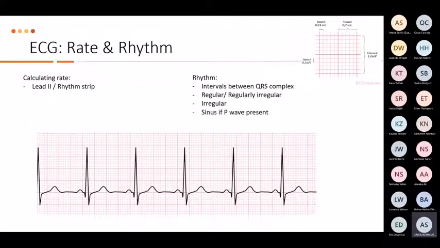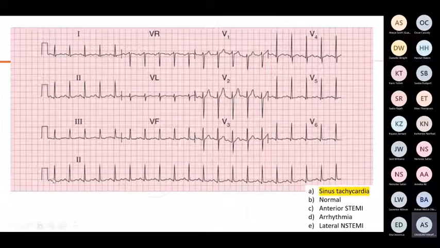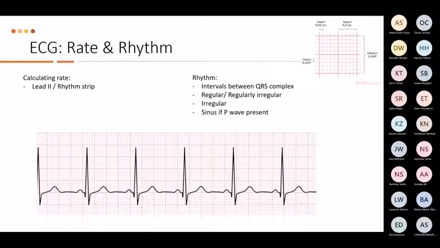Or, if I go back to this rhythm strip at the bottom, it is about 10 seconds. If you've got someone with an irregular rhythm, one of the best ways to work out their heart rate is by counting the number of QRS complexes going across. Because it's 10 seconds, you times it by 6 to get your minute heart rate.